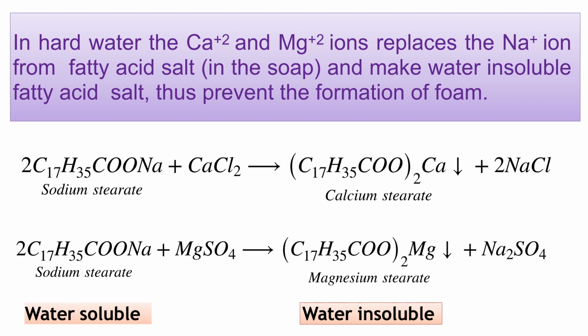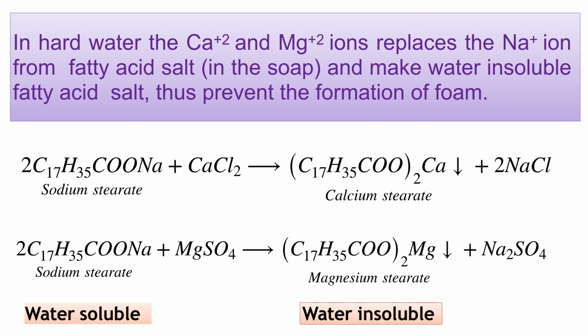So now instead of having the sodium salt of long chain fatty acid, it has been converted into the calcium salt or magnesium salt of long chain fatty acid. And the basic difference between the sodium salt and the calcium and magnesium salt is that the sodium salt of long chain fatty acid is water soluble. That is why it was working nicely in normal water, in soft water.